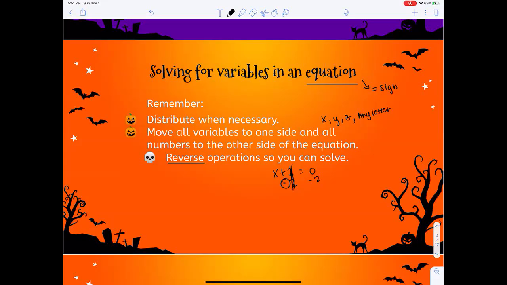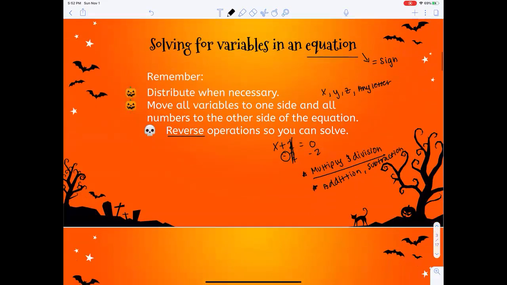And if you think about reverse operations or opposite operations, you could also think of multiplication and division as reverse. And then I mentioned another one, addition and subtraction. These are the two types we're going to focus on today. So let's get to it.